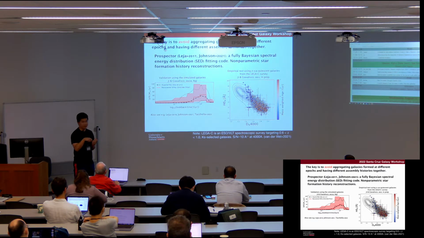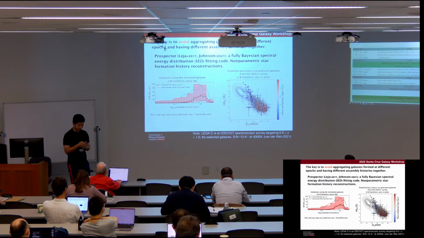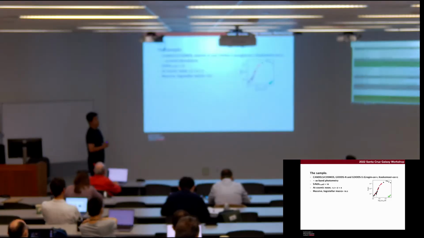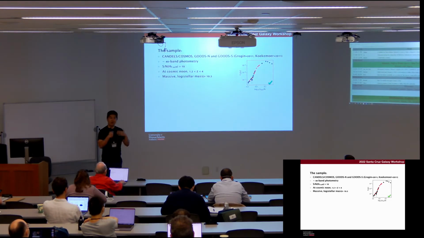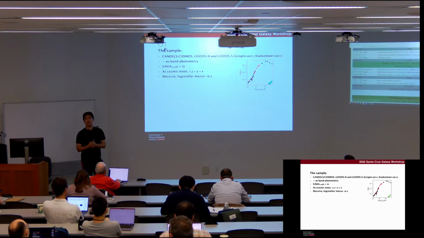You also find a good agreement. So these two tests suggest that the non-parametric star formation histories from Prospector are statistically robust given the data quality we currently have.